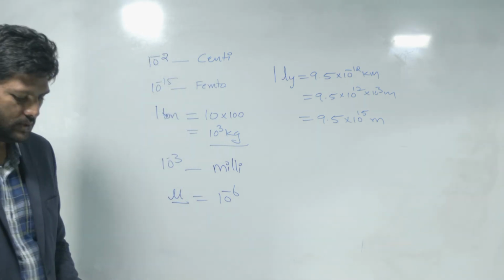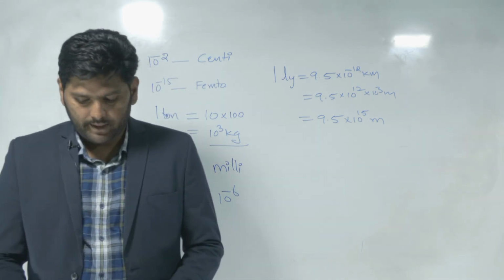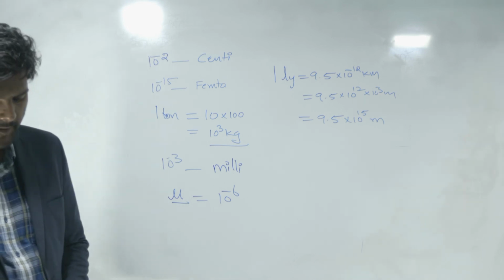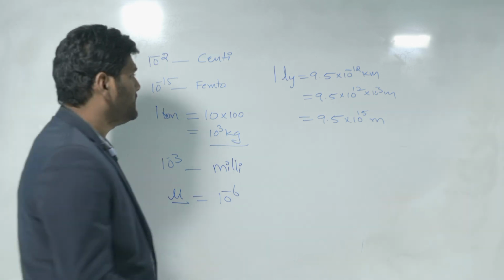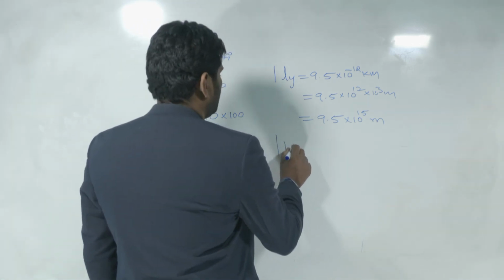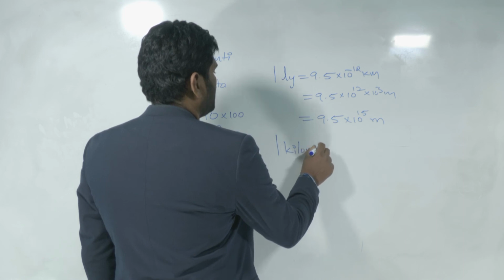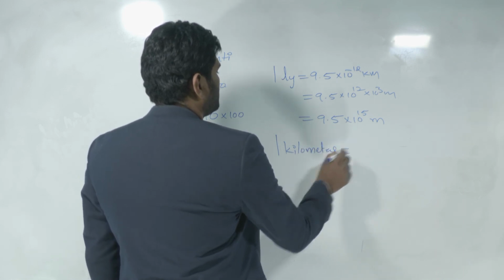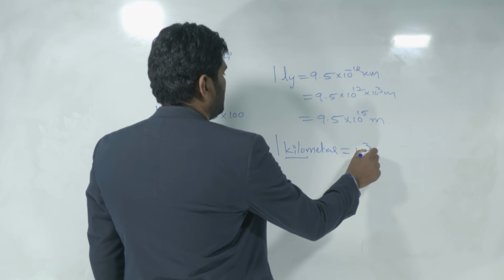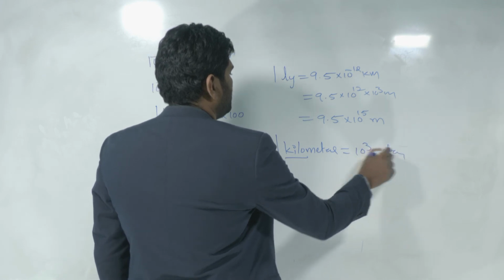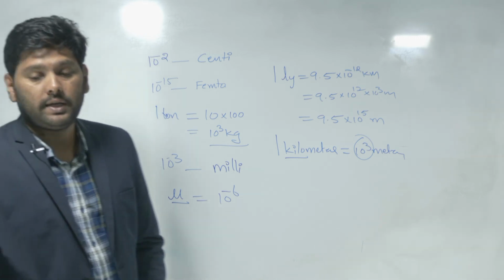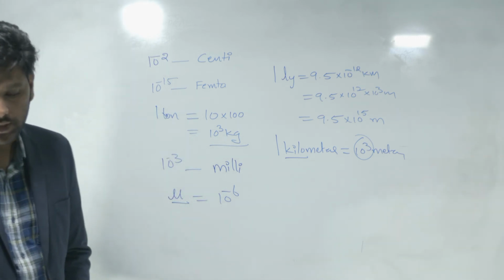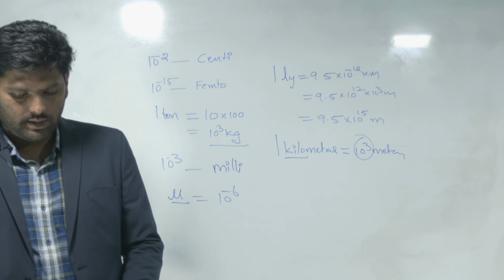So the second option, right? Kilometer is how many times a meter? Kilo stands for 10 power 3 meters, which means 1000 times.